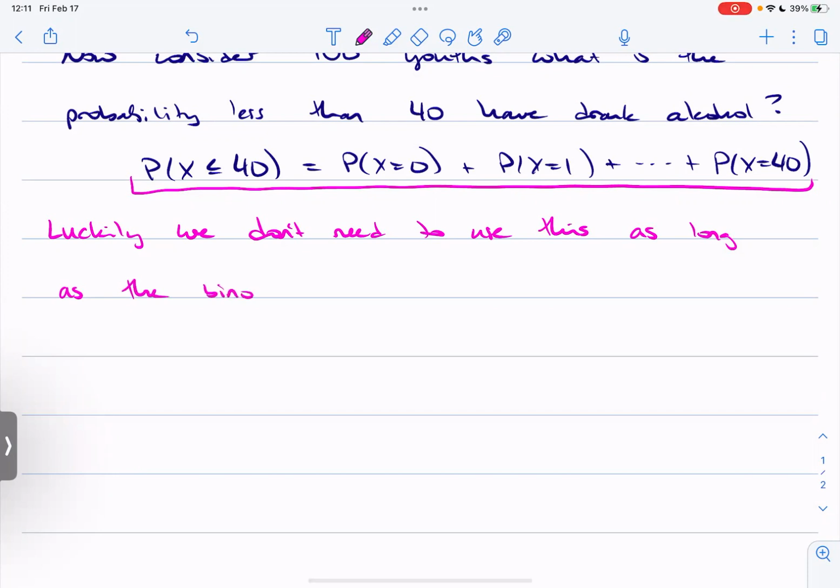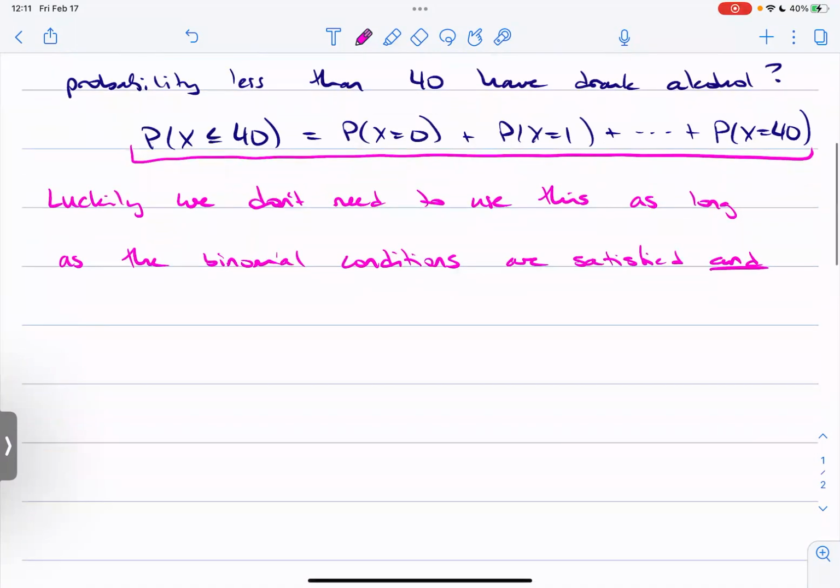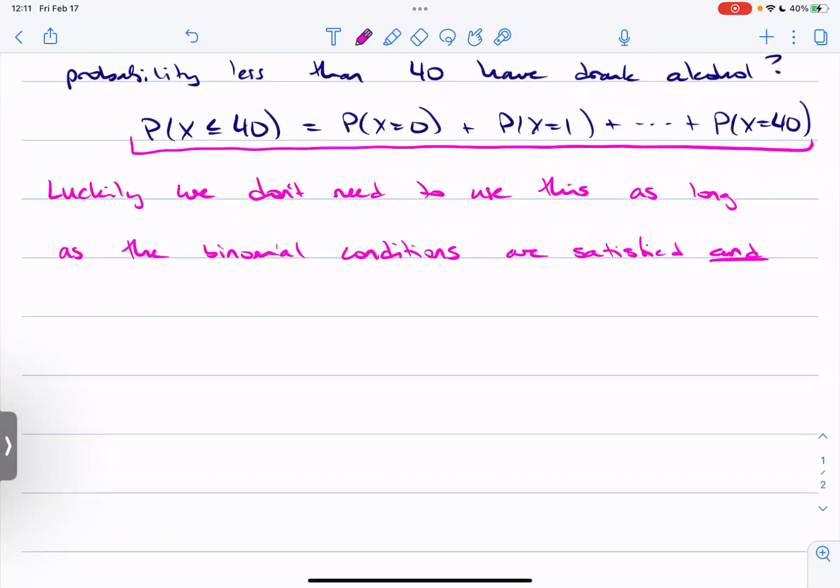As long as the binomial conditions are satisfied, which they would be, of course, otherwise you wouldn't be trying to do these calculations, and n times p, where n is the number of trials and p is the probability of success.